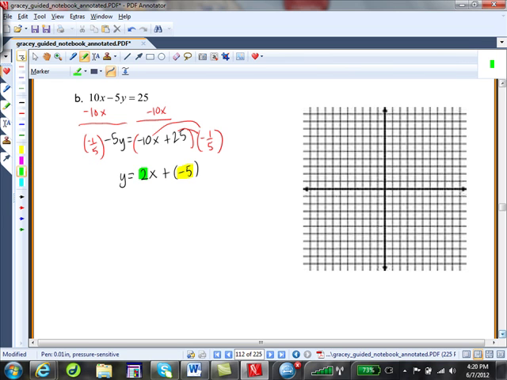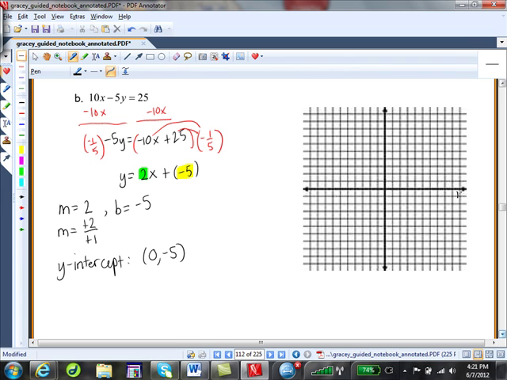2 is the slope m. So we have m is equal to 2. Well, m, if you have 2, you could either do positive 2 over positive 1, or if you wanted, you could do negative 2 over negative 1. It's up to you. And then b was equal to negative 5. So our y-intercept is, good, 0, negative 5.